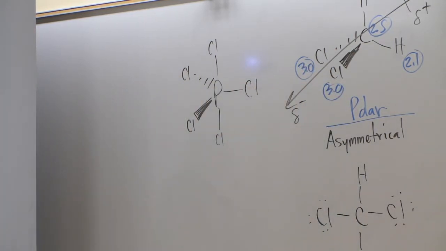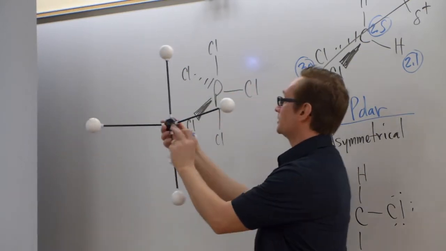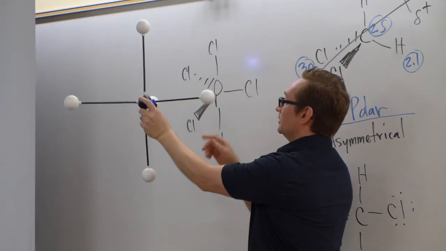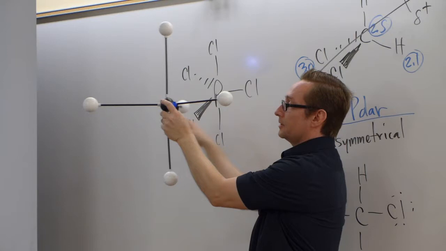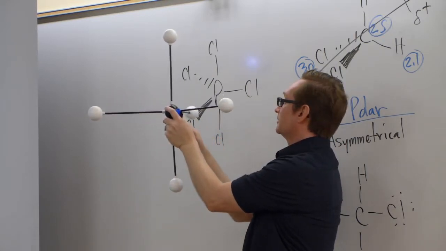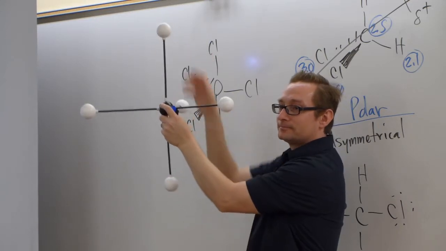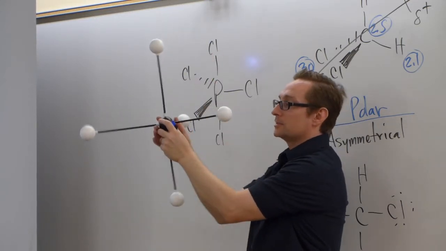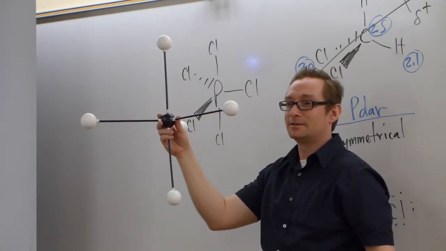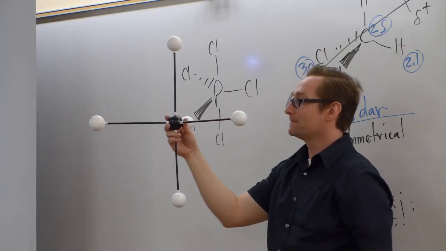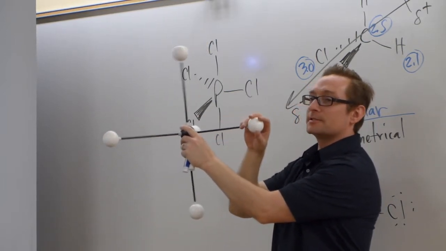Alright, so here's PCl5. Here's the shape. This chlorine's pulling this way, this chlorine's pulling that way, and this chlorine's pulling that way. And these atoms here are equally fighting each other too. So is this symmetrical or not? This is very symmetrical. You can't say the dipole moment's pointing this way when this atom here is fighting it.